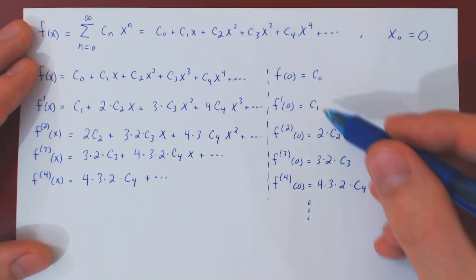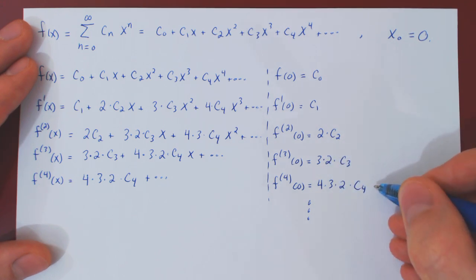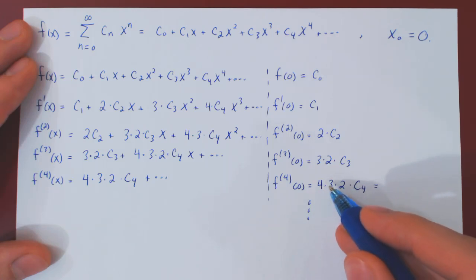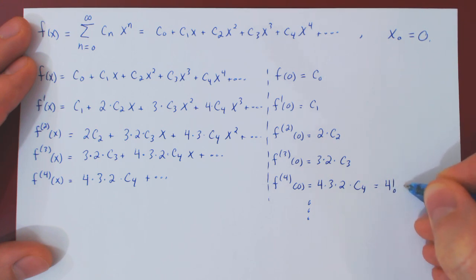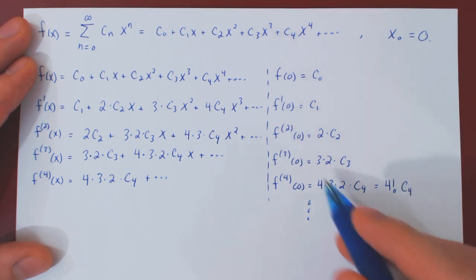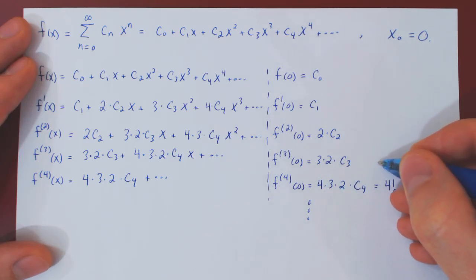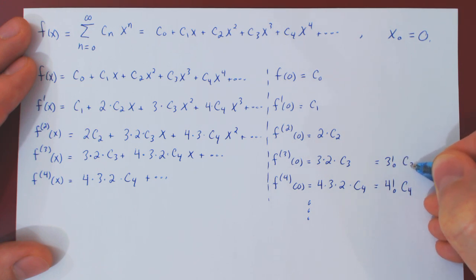So if you go back, there seems to be a factorial here. Think of 4 times 3 times 2 as 4 times 3 times 2 times 1. So this gives you 4 factorial times c4. Think of 3 times 2 being 3 times 2 times 1. So this ends up being 3 factorial c3.